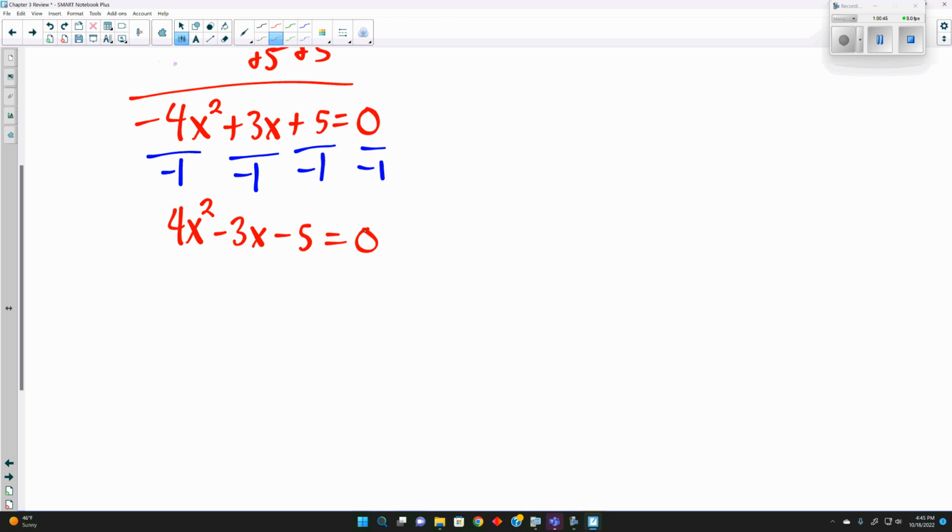Now this doesn't change it, because again, we said x is equal to, based on what we just found, 3 plus or minus square root of 89 all over 8, because that's the answer we just found.